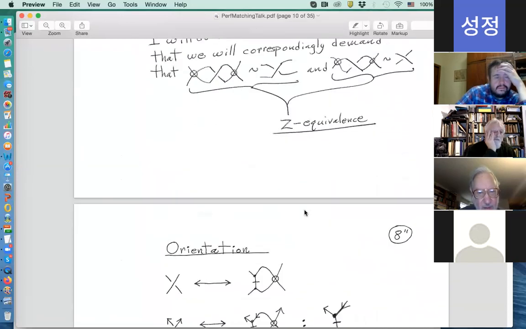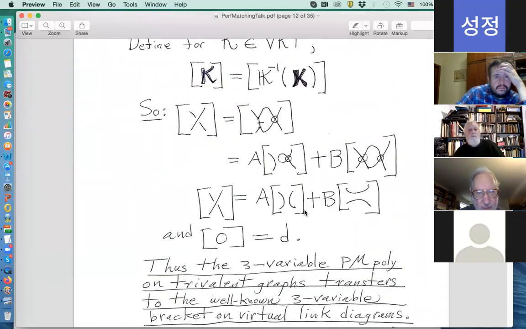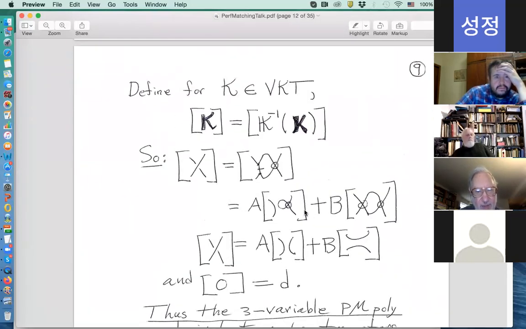So now, what does that mean in terms of our perfect matching polynomial? Well, here is the crossing, and I'm going to replace the crossing by its corresponding bit of graph there. Now I'm going to expand this by the perfect matching polynomial, and then you'll see why we did this.